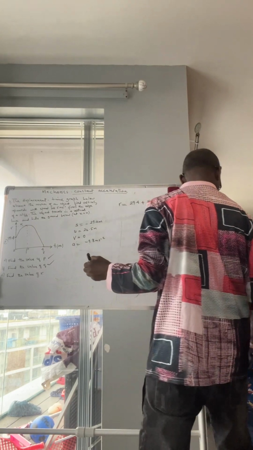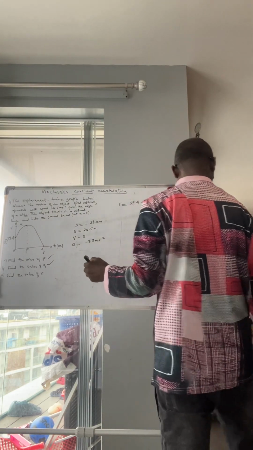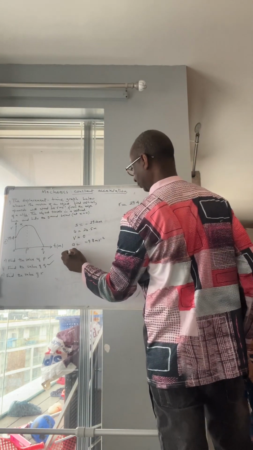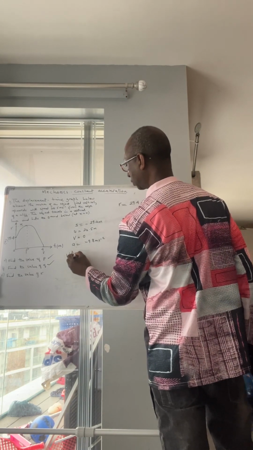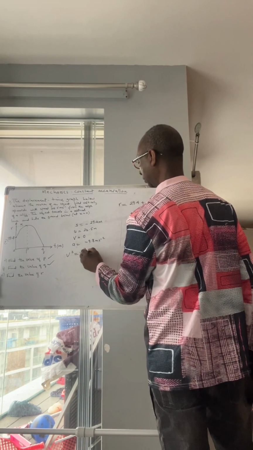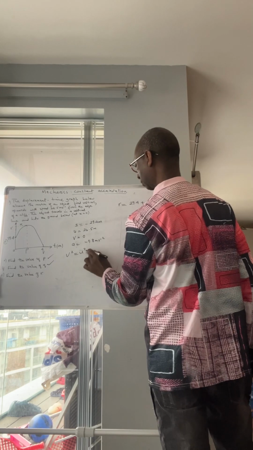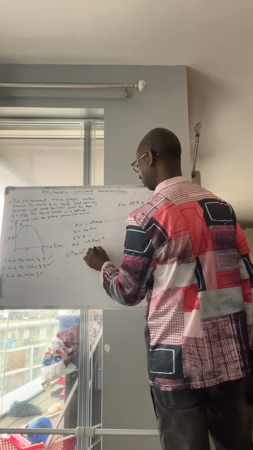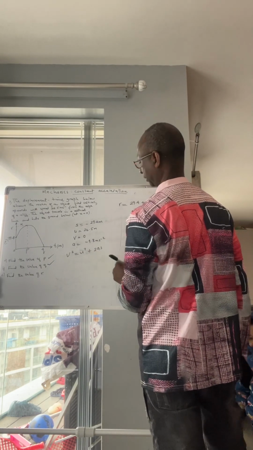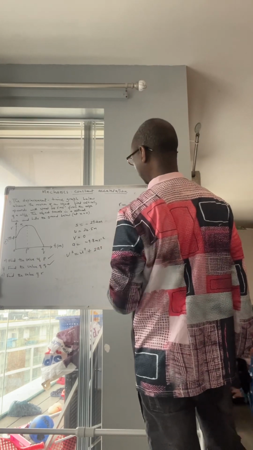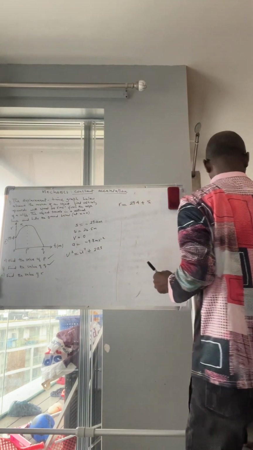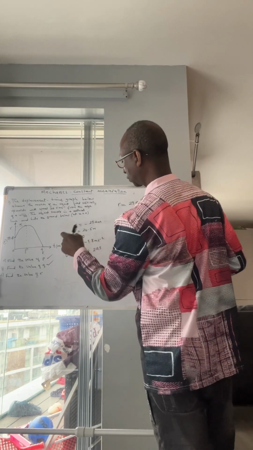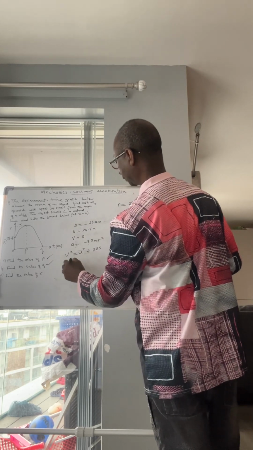So what formula do we use? We use V squared equals U squared plus 2AS. That's the other formula this time. V squared, we know it to be 0.